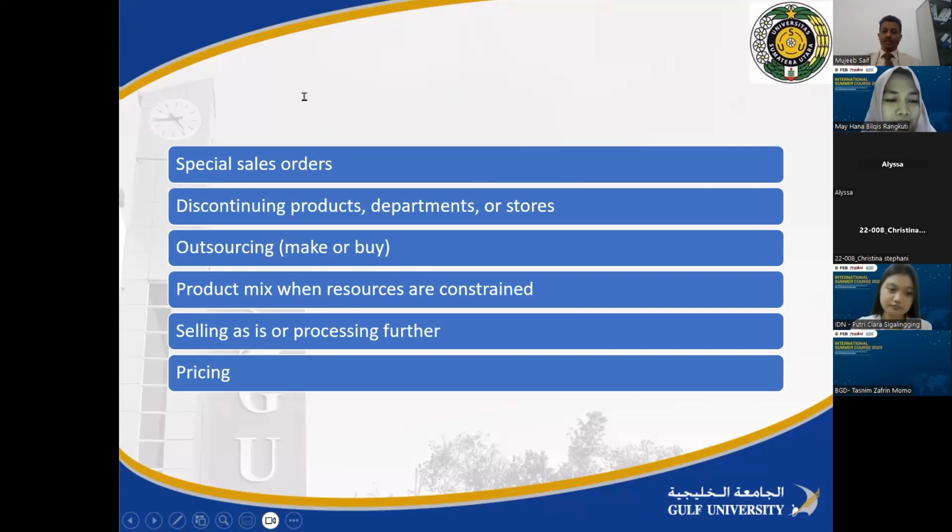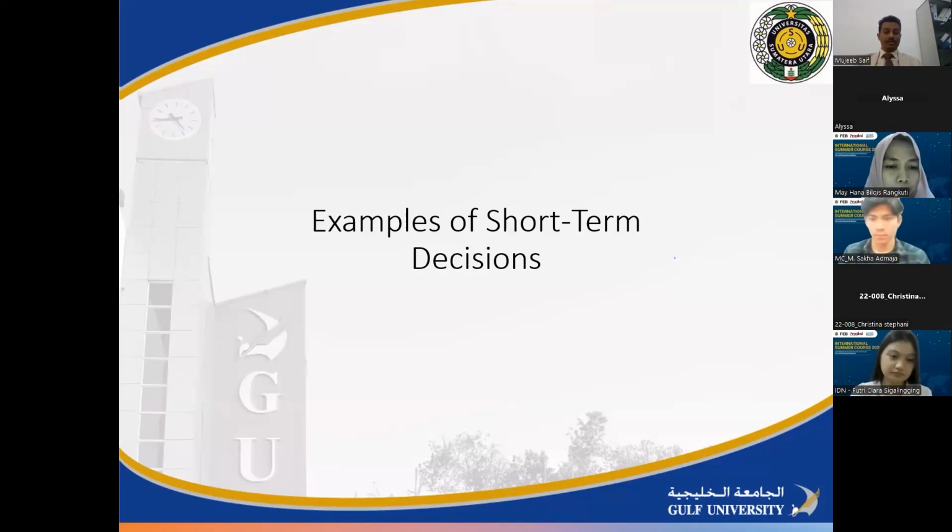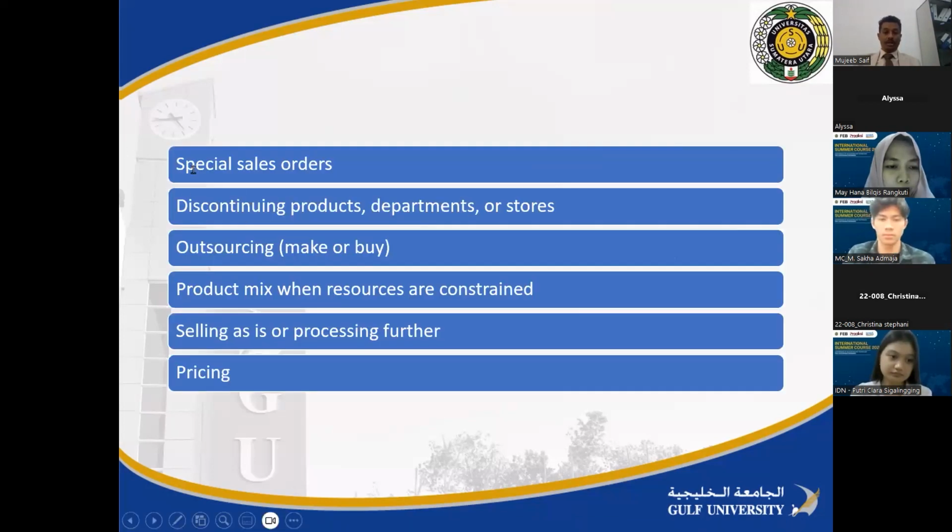All right. So here are some examples of short-term decisions. If you are working in an organization, you will face these. For example, special sales orders. This happens in a manufacturing company or any other company.